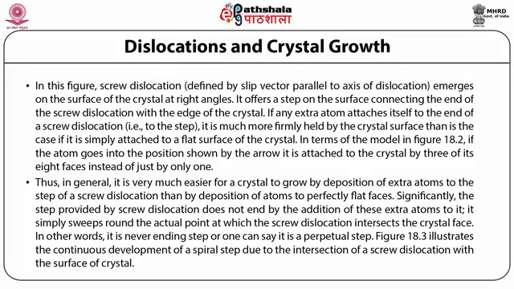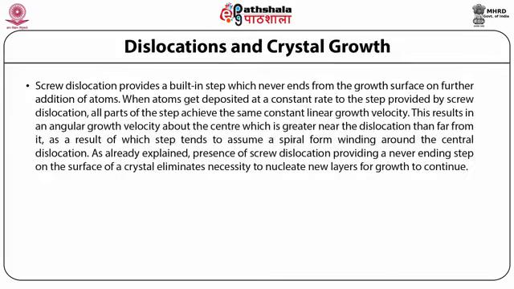surface of a crystal. Screw dislocation provides a built-in step which never ends from the growth surface on further addition of atoms. When atoms get deposited at a constant rate to the step provided by screw dislocation, all parts of the step achieve the same constant linear growth velocity.